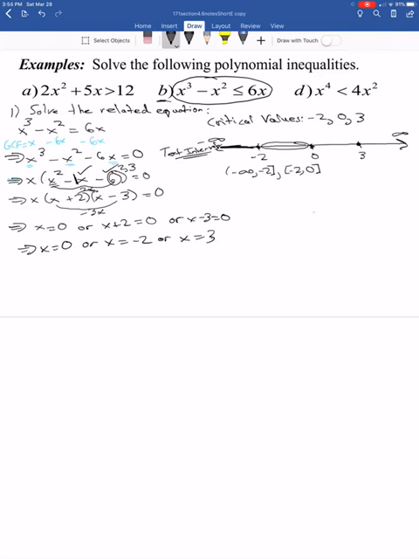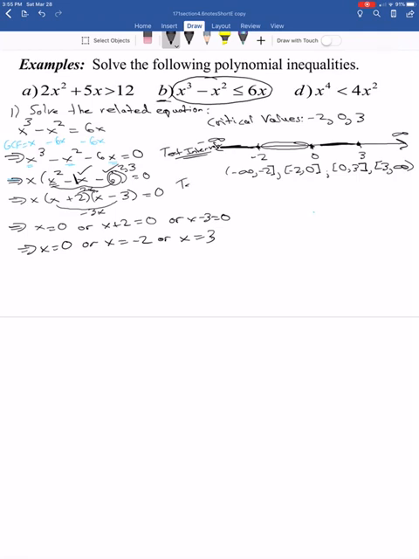We also have the interval from 0 to 3, all the numbers greater than or equal to 0 and less than or equal to 3, and then 3 to infinity, all the values of x greater than or equal to 3 and less than infinity. So we've got our 4 intervals. Those 3 critical values set up 4 intervals.